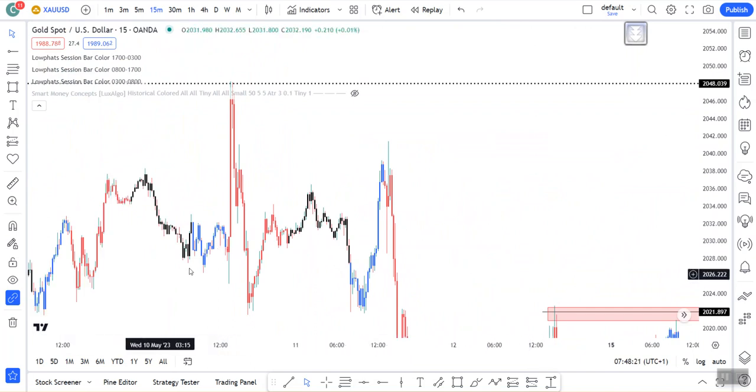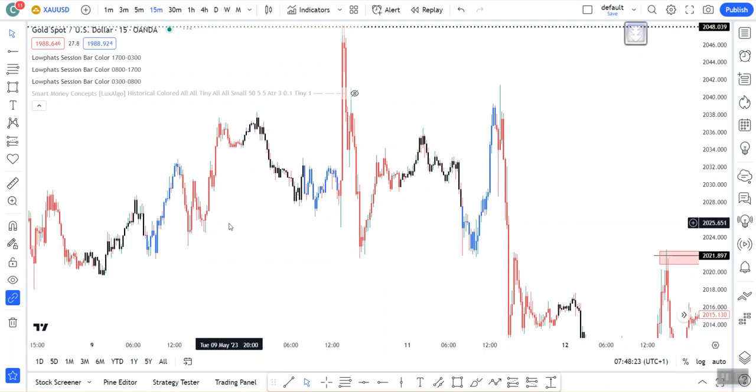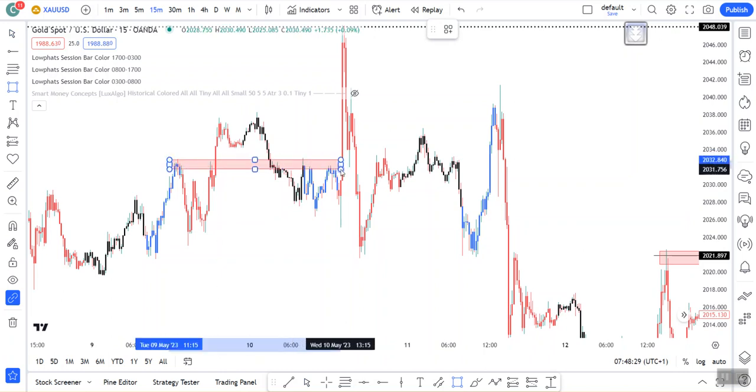If you look at here, I'm just giving you a typical example of session. This is London session, whereby they tested the same zone, same supply zone, and it never went beyond that zone.